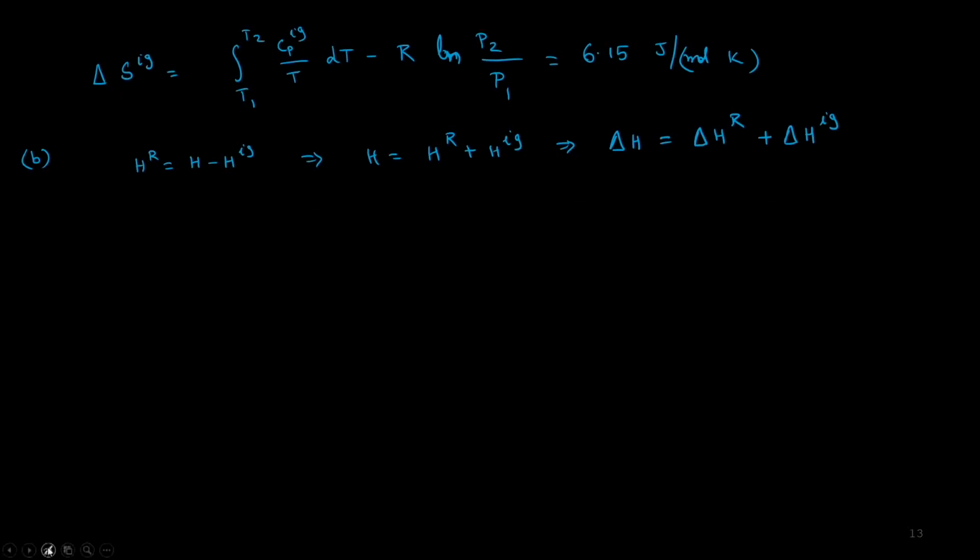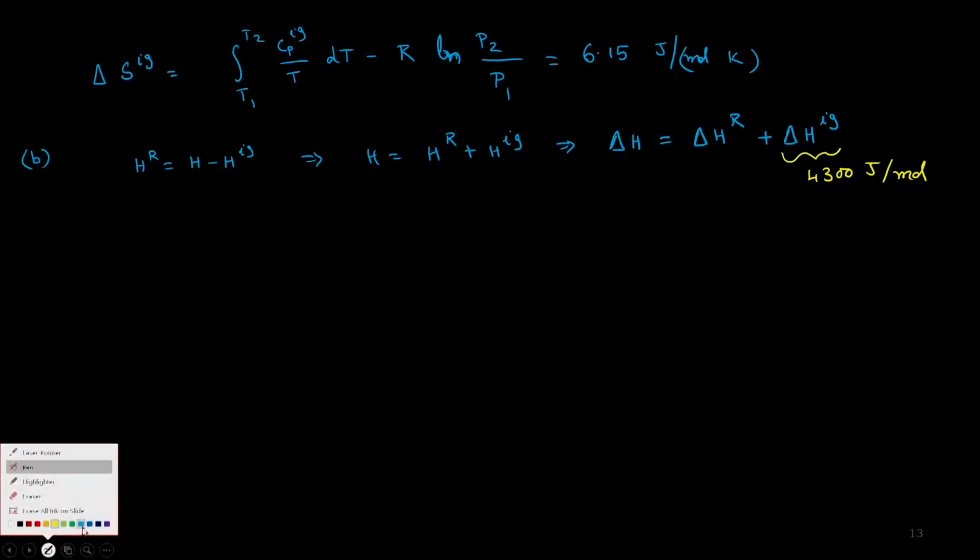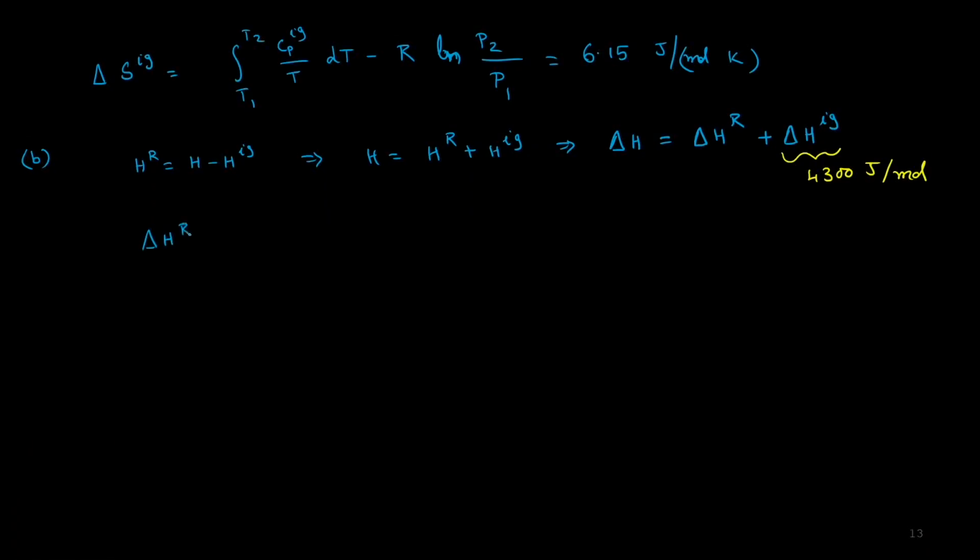We have already calculated the change in enthalpy under ideal gas conditions. It was 4,300 joules per mole. So if I were to calculate the total enthalpy change, then all I need is to calculate the difference in the residuals between the initial and the final states, or delta H R. So delta H R is what I'm looking for right now, which is H2 R minus H1 R, the difference between the final and the initial states.